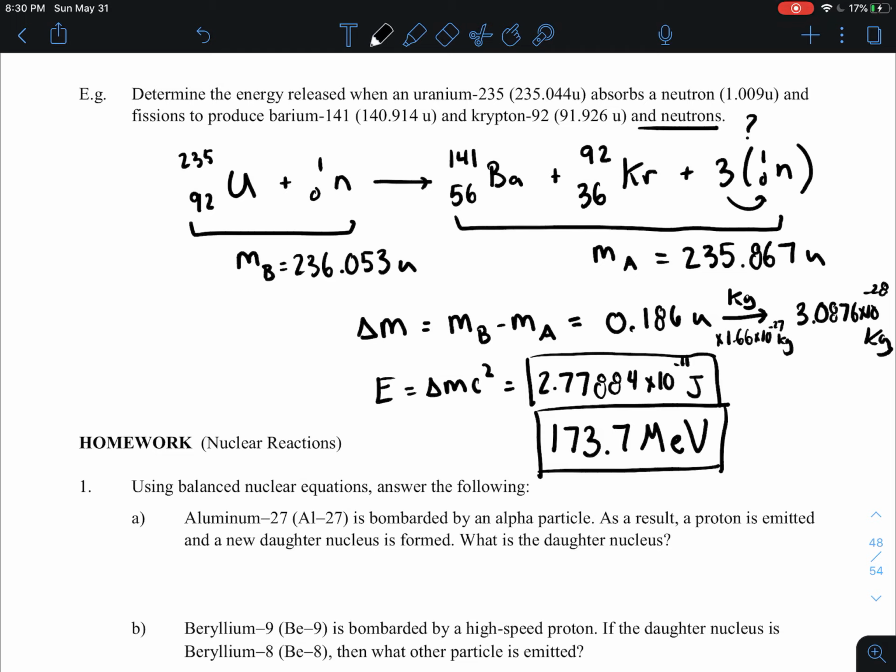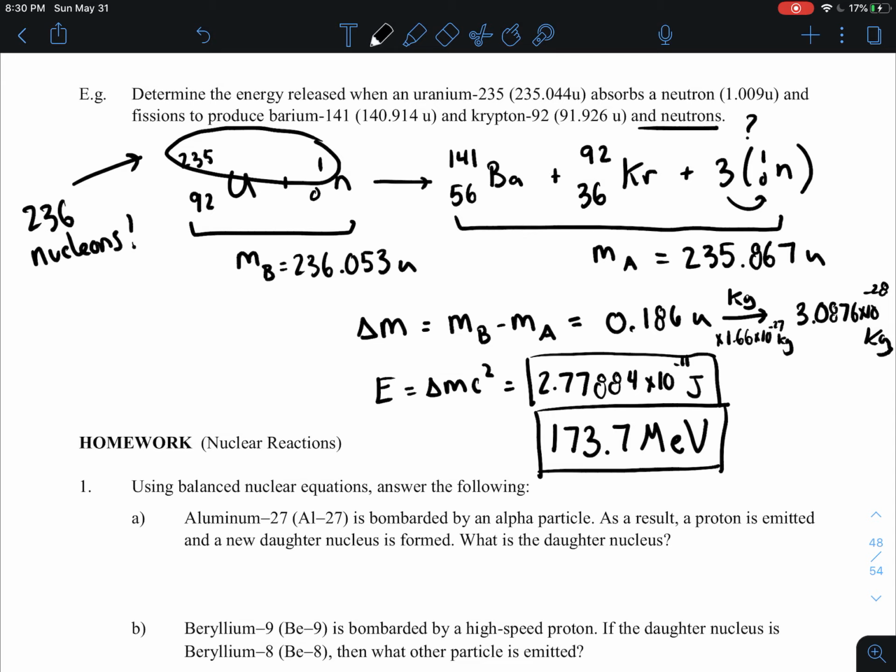Another thing that you could see is saying, what is the energy release per nucleon? And remember, nucleons, well, if you take a look here, there's 236 nucleons. And there's 236 on the other side. So sometimes you'll see it say per nucleon. Once again, depending on the question.